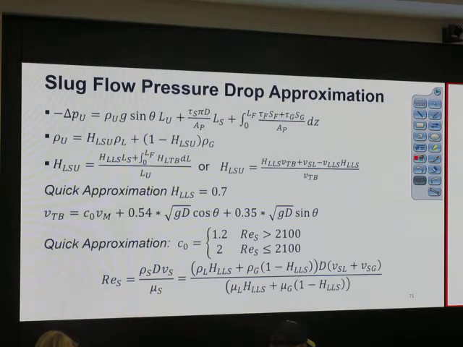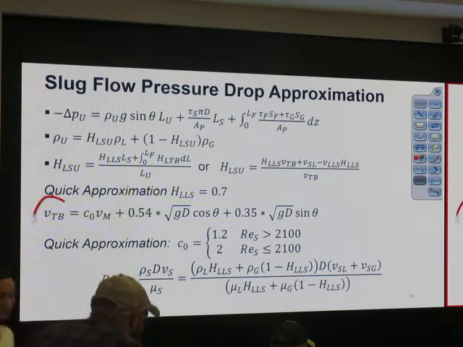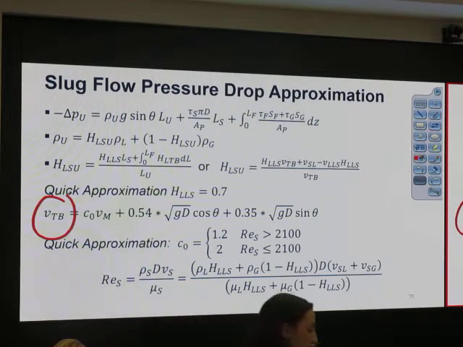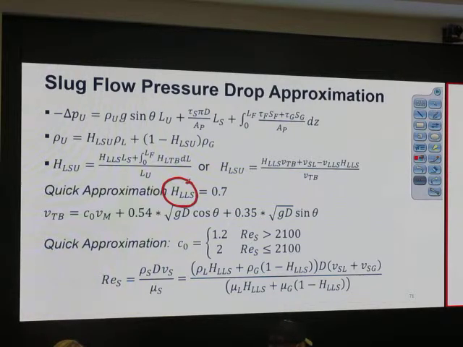For slug flow, something comes from closure relationship. For example, in the slug flow model, VTB, which is the translational velocity, comes from closure relationship. What else comes from closure relationship? Hold up of the slug unit comes from a closure relationship. L sub S, the length of the slug unit, comes from closure relationship.